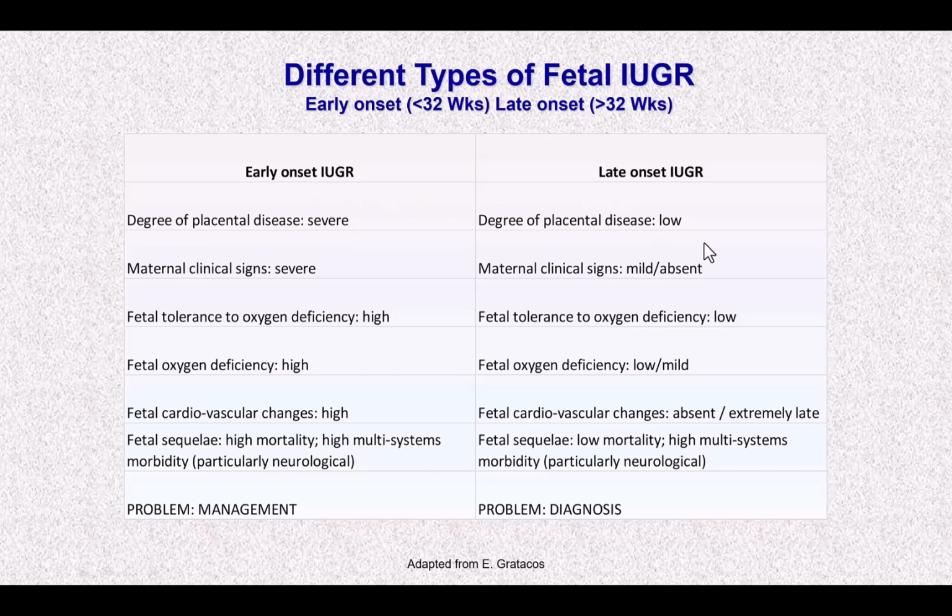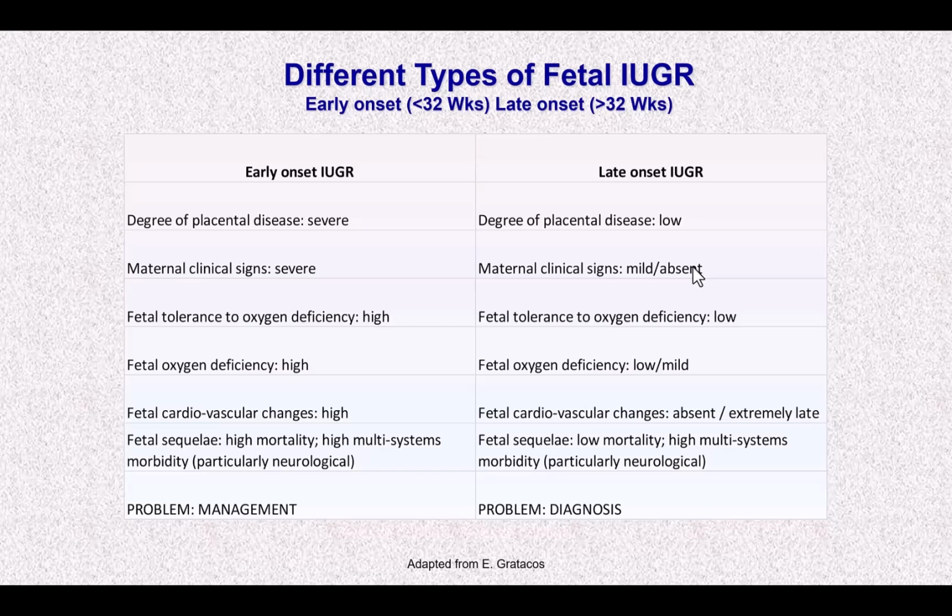This is the reason why the alteration in placental perfusion is not so evident in the late onset. If we look at the clinical signs in the mother, they are very frequent and early and severe in the early onset, may be mild or absent, speaking about the pregnancy-induced hypertension, for example, in the late onset.